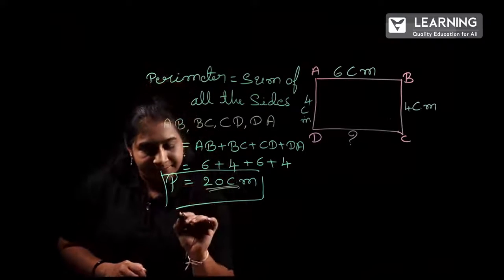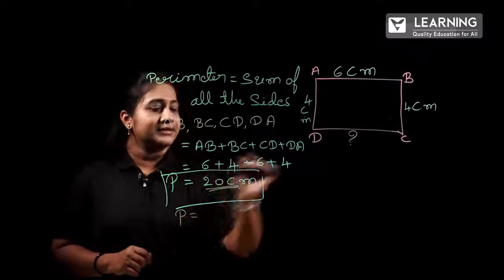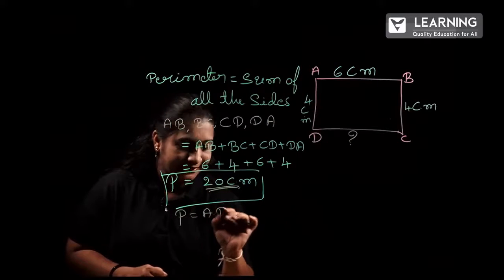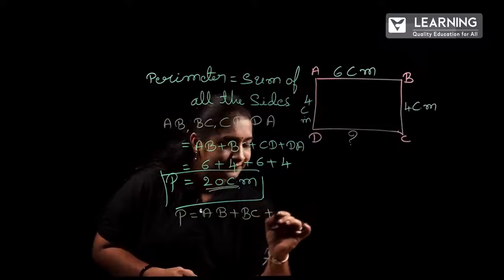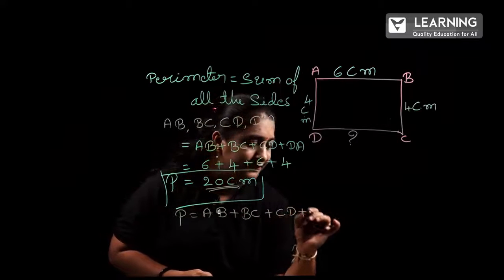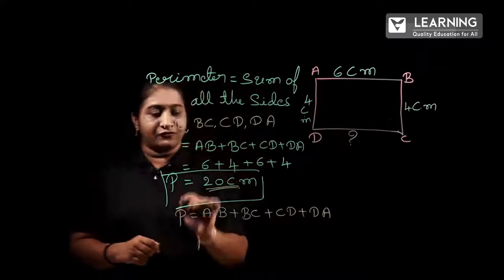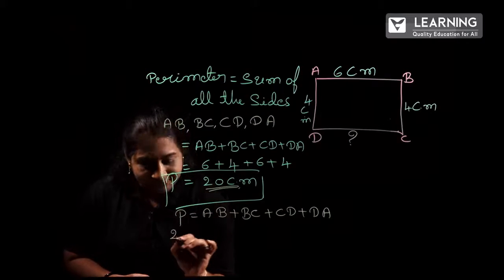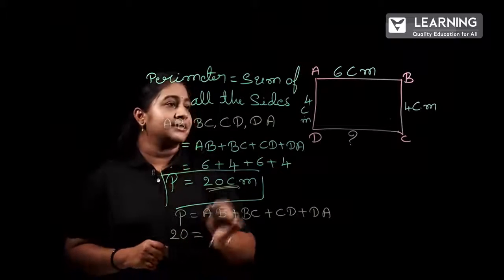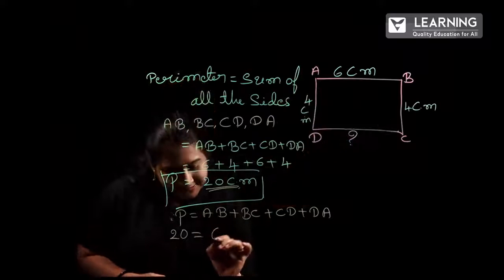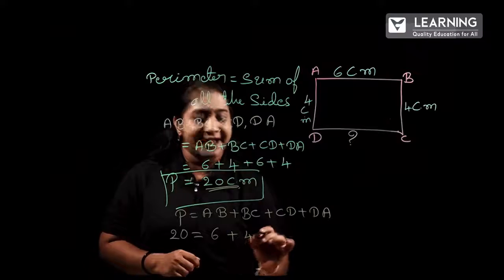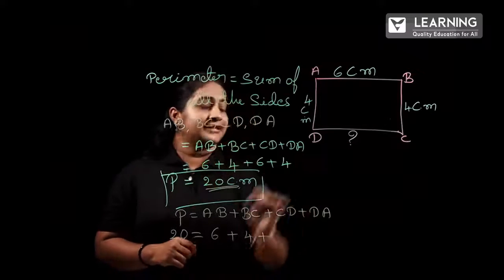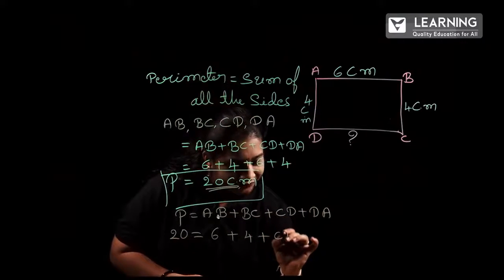First take P is equal to, same, write the formula AB plus BC plus CD plus DA. Now we know the value of perimeter, that is 20. Then AB is 6 plus BC is 4 centimeter and CD, we do not know the value of CD.